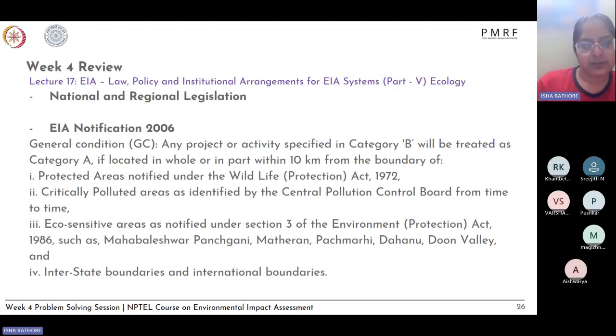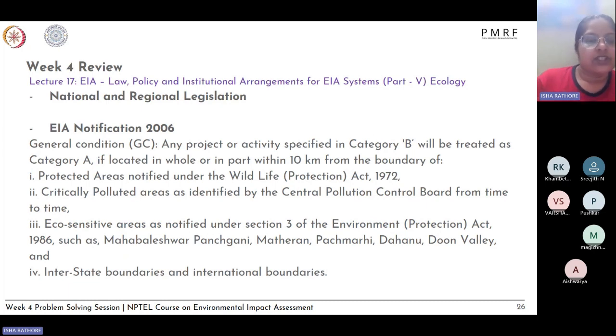But category B is to be treated as category A if it is located within 10 kilometers of protected areas identified under the Wildlife Protection Act, or within 10 kilometers of critically polluted areas as identified by the CPCB, or if it is near eco-sensitive areas identified under the Environmental Protection Act, in areas such as Mahabaleshwar, Panchgani, Matheran, Panchmarhi, the Doon Valley, and other areas.